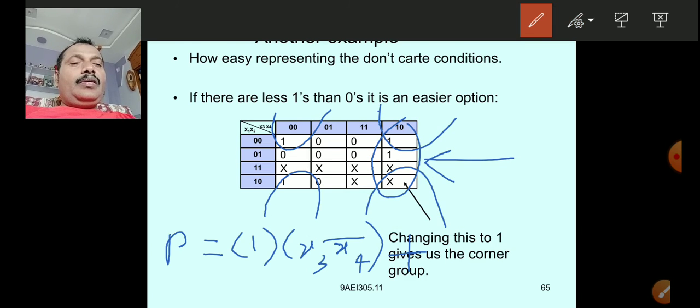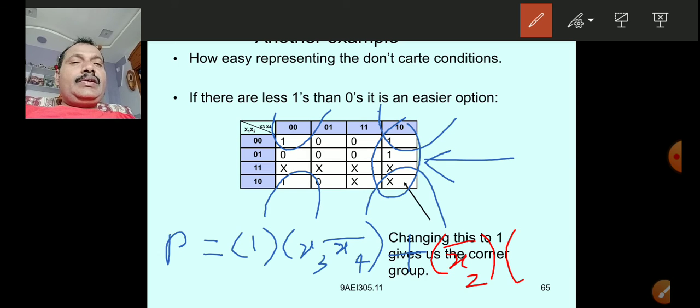Plus, in the brackets, let us write the row side 0 0 1 0. That means x1 is changing, x2 is not changing, hence x2 bar. Column side, it is from 0 0 to 1 0.